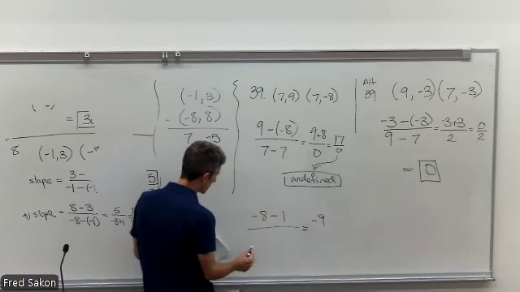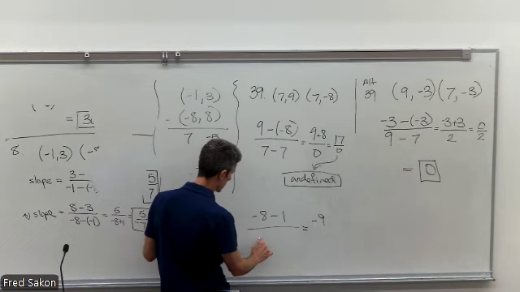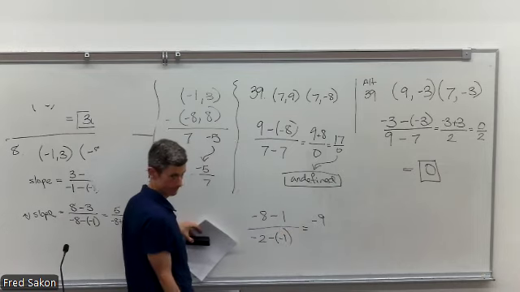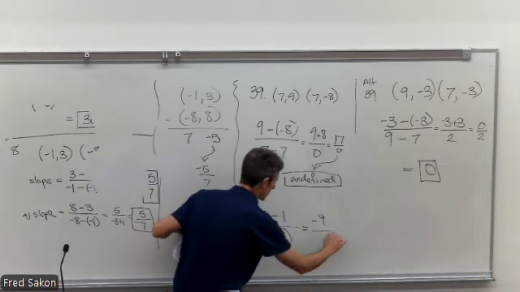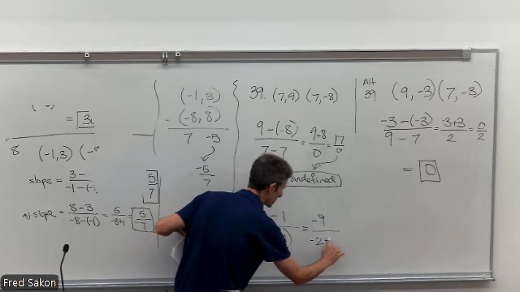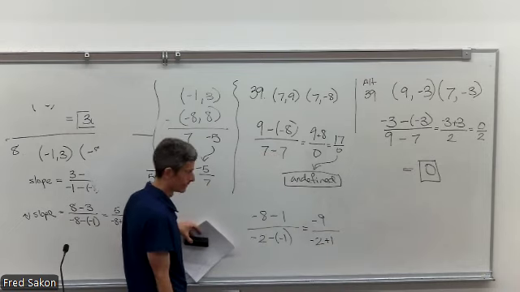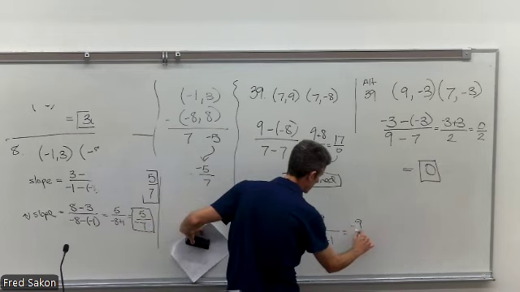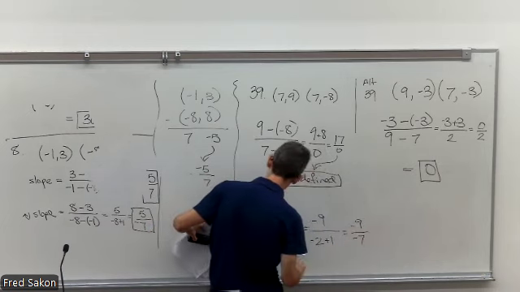If the subtraction were such that it were -2 minus -1, then that becomes -2 plus 1, which is -1.